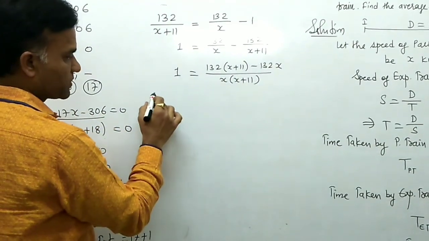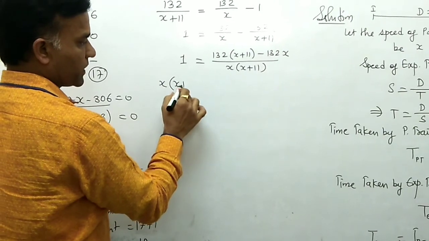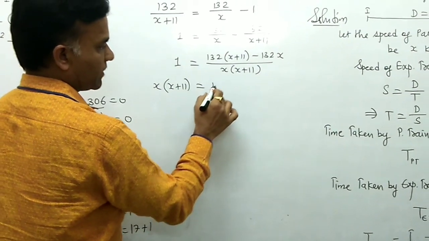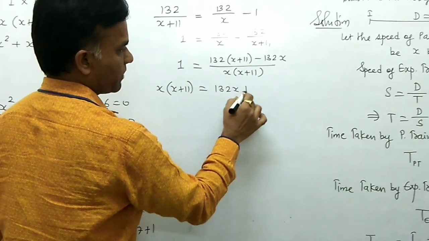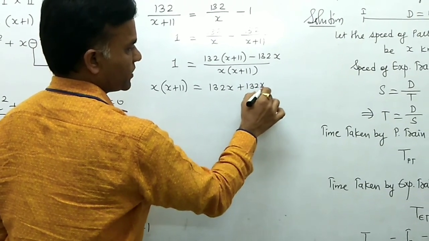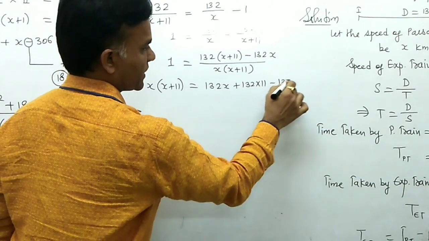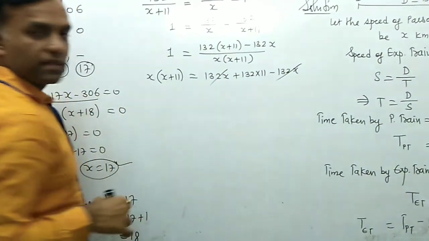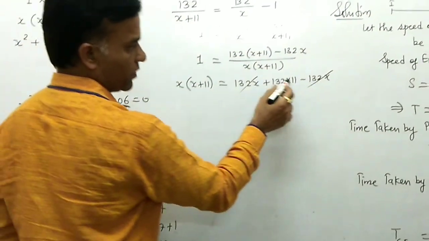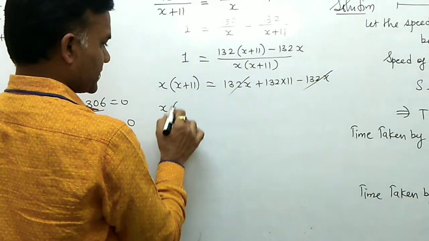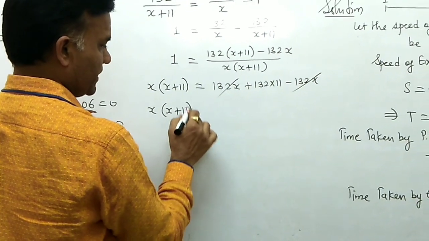So now you do the cross multiply: x into x plus 11, which gives 132x plus 132 into 11 minus 132x, which cancels out. So we have only 132 into 11, that is x plus 11.